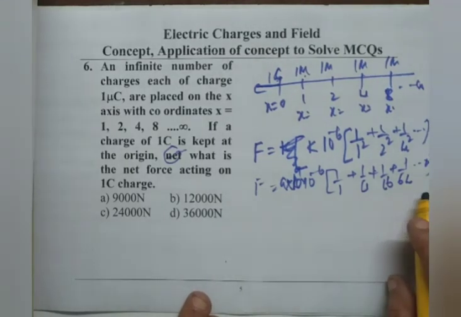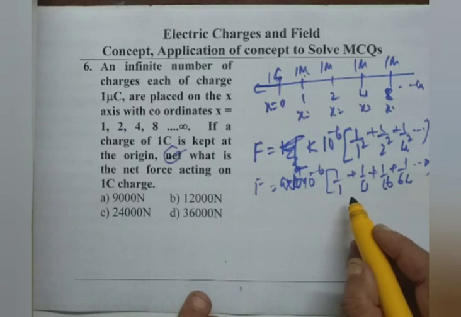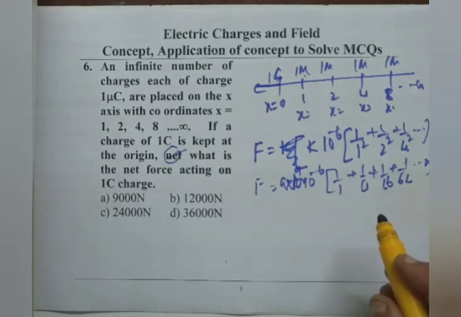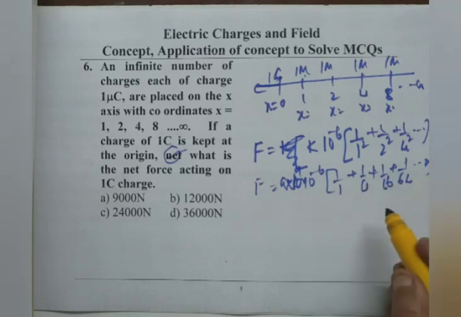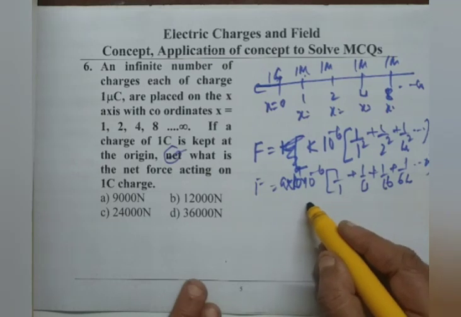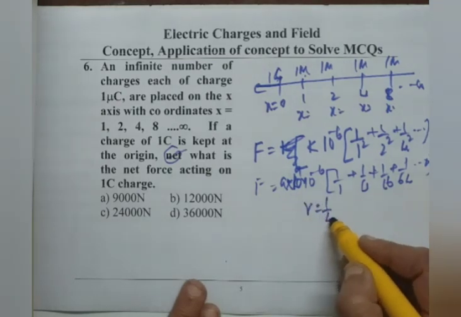Observe, this is a geometric progression. We know the sum to infinity for a geometric progression. That's why I said you require mathematics to solve this problem. 1 by 4, 1 by 16, 1 by 64 is a geometric progression with the common ratio 1 by 4.